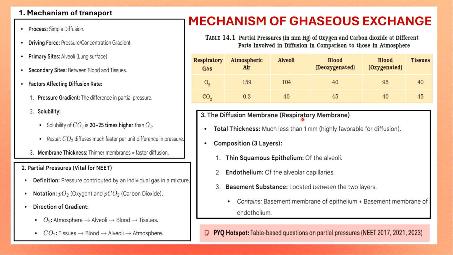So here the membrane is less than 1 millimeter thickness, okay, and it comprises 3 layers: squamous epithelium of the alveoli, endothelium of the alveolar capillaries, and basement membrane, that is located between the two membranes. It consists of the basement membrane of epithelium as well as the basement membrane of endothelium. Okay, this is very, very important. We will see it in more detail in the next slide.